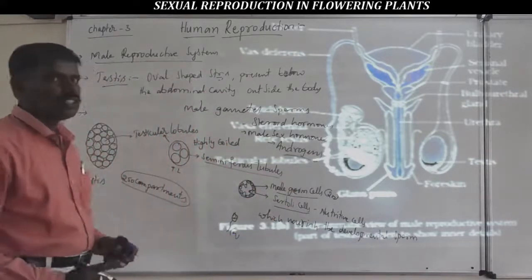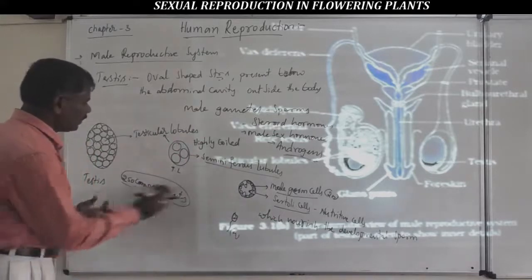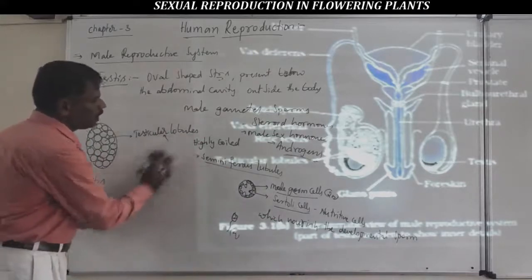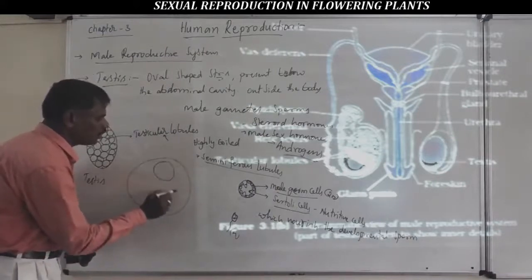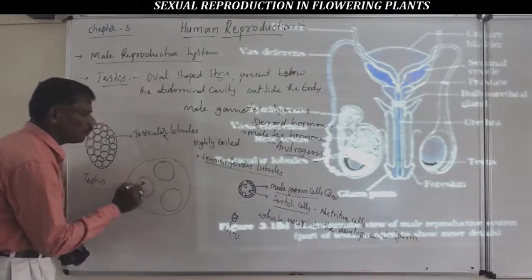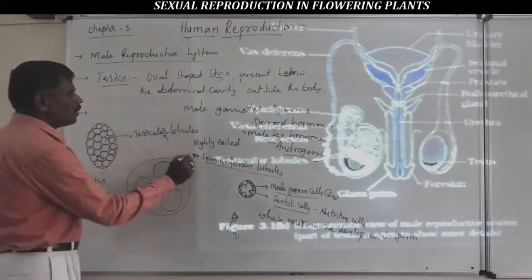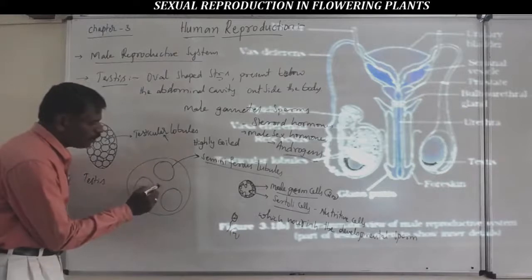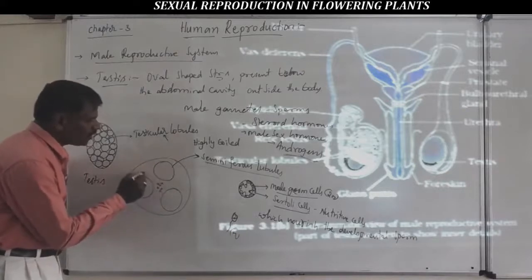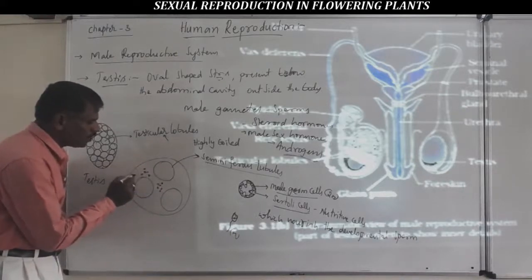Those androgens are produced by, for example, the testicular lobule. There are one to three coiled seminiferous tubules, and in between the seminiferous tubules there is a mass of cells.